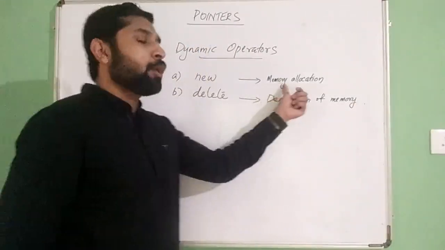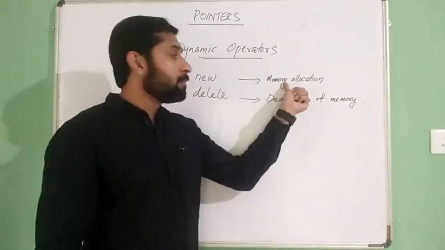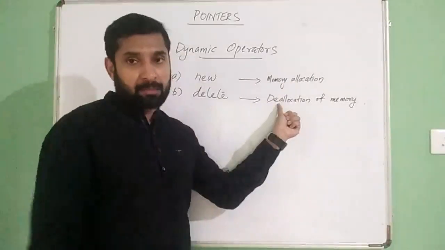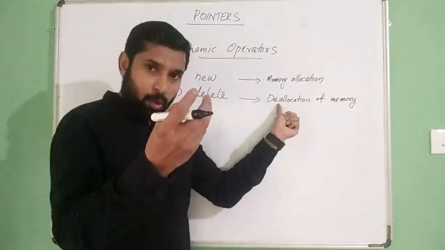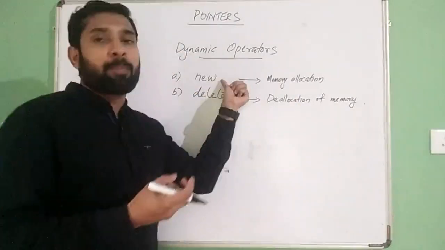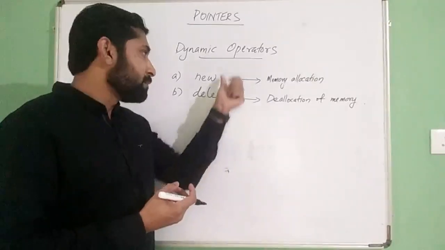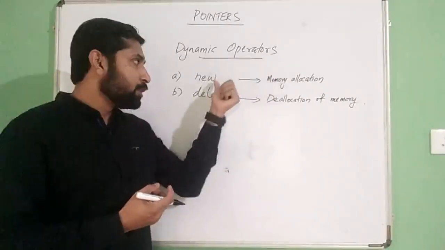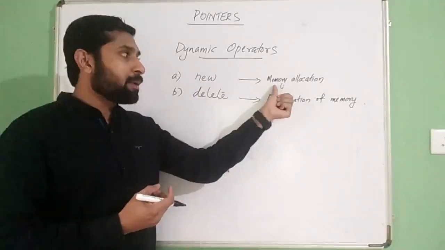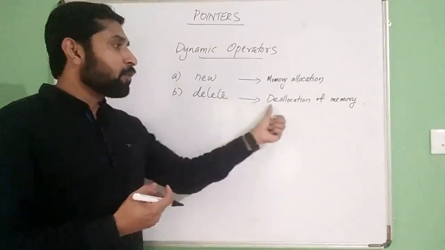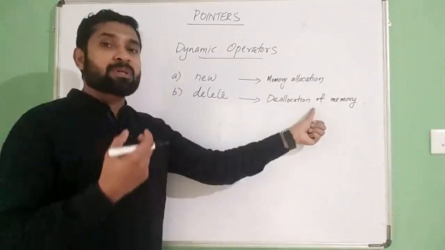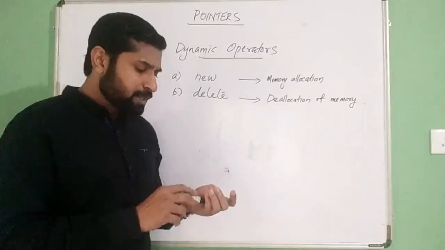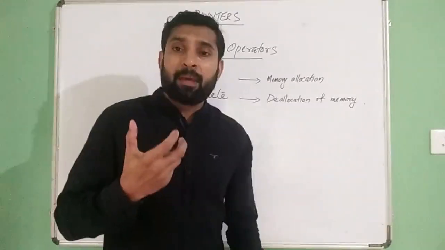New is used for allocating memory dynamically, and the delete operator is used for deallocating the memory allocated using the new operator. So these are the two dynamic operators in C++. New for allocating memory dynamically and delete for deallocation of memory, which is reserved using the new operator.